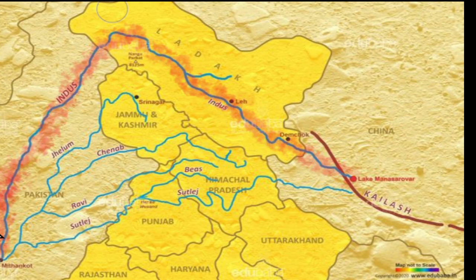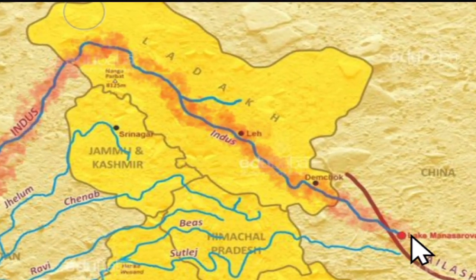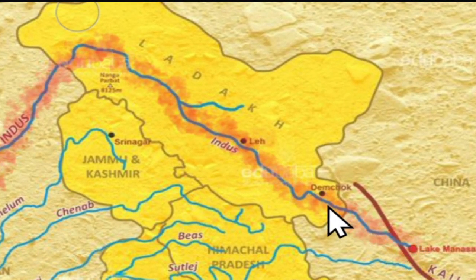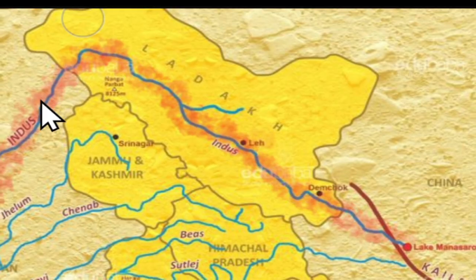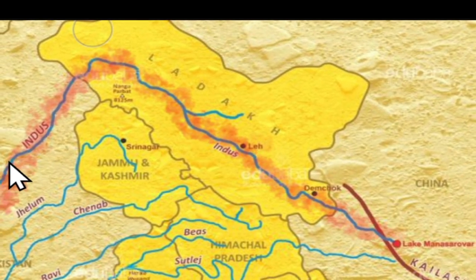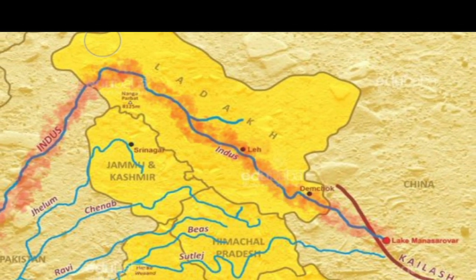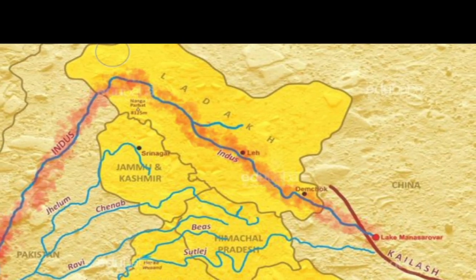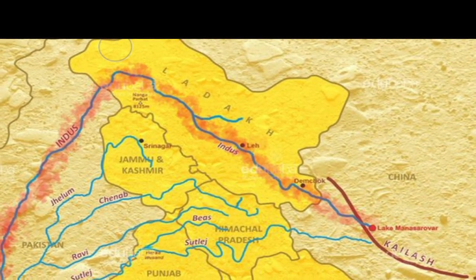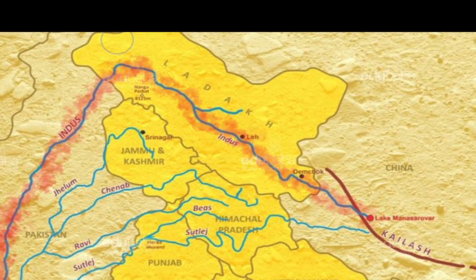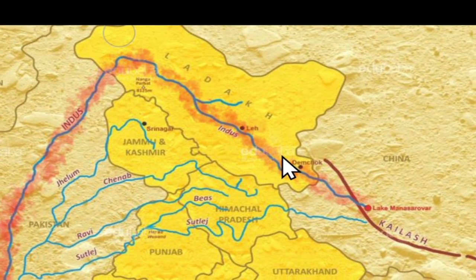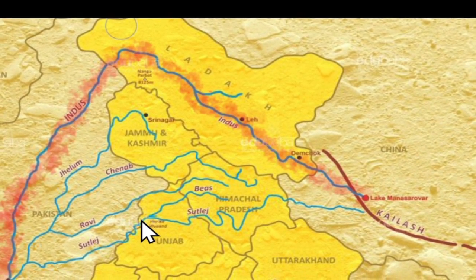So, it originates in Tibet in Lake Mansarovar, then flows through Tibet, comes into India, Leh, Ladakh, and then Kashmir, and then it enters Pakistan, and then goes from Pakistan's Punjab till Sindh, and then eventually it meets the Arabian Sea. Now, the Punjab before partition used to extend all the way up to Indus.